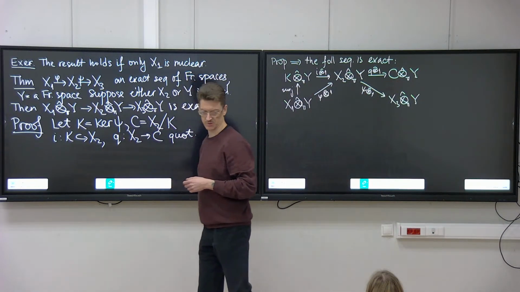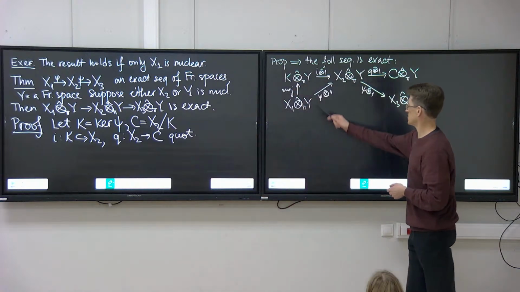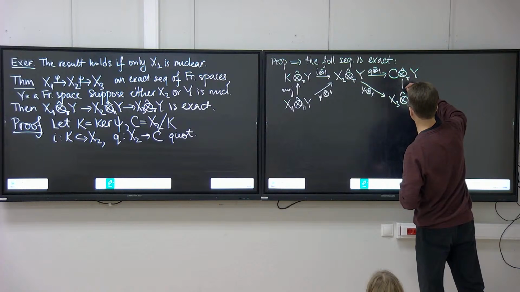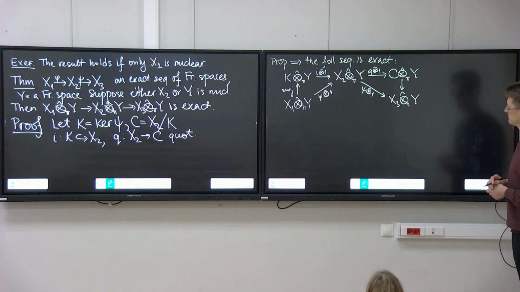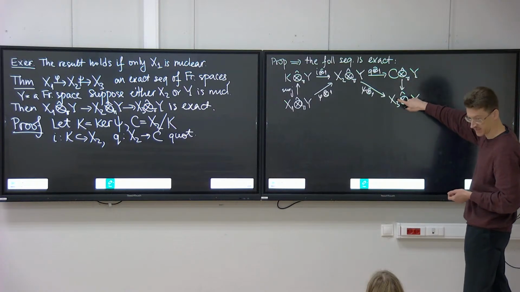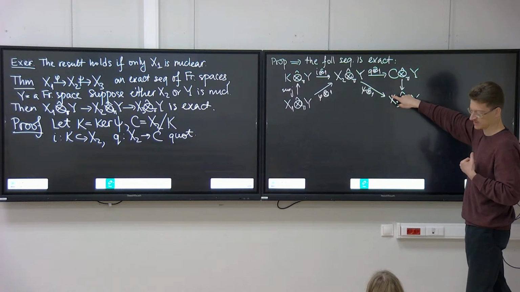Our initial sequence was exact. So this map is surjective. On the other hand, we have a map from here to here, which is induced by psi. So psi takes x2 to x3. When we quotient out the kernel, we get a map from C to x3, which is, by the way, injective.